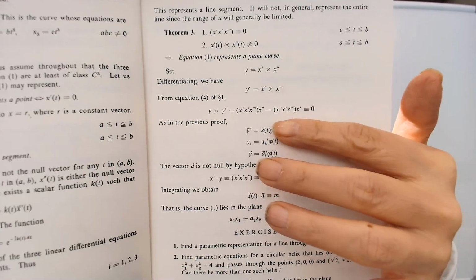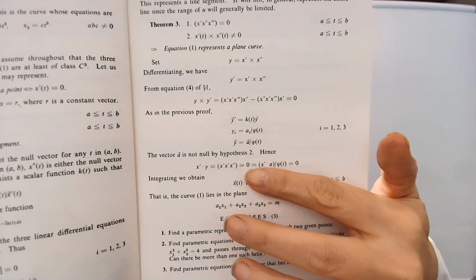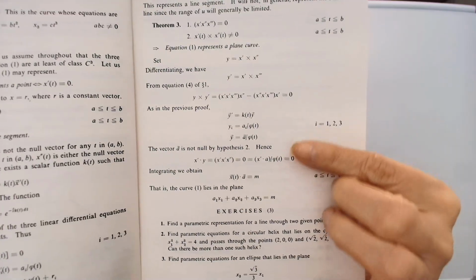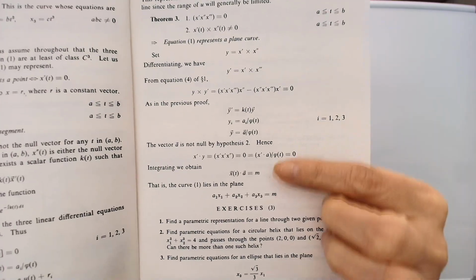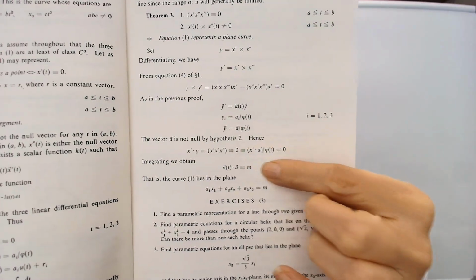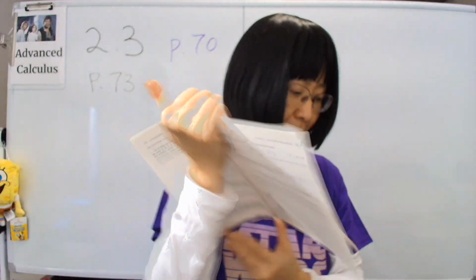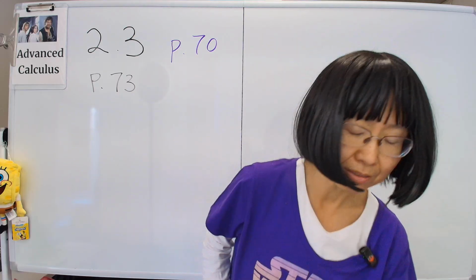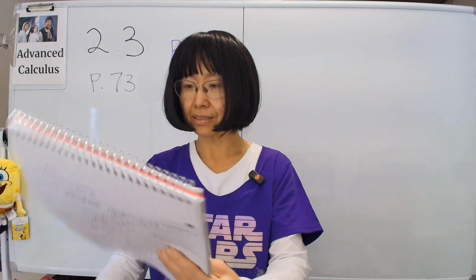And then down here it is identically 0, which is just x prime dot a over phi t, copying from this formula. So then we can get rid of phi t and just say that x prime dot a is equal to 0. So the derivative dot a equals 0.